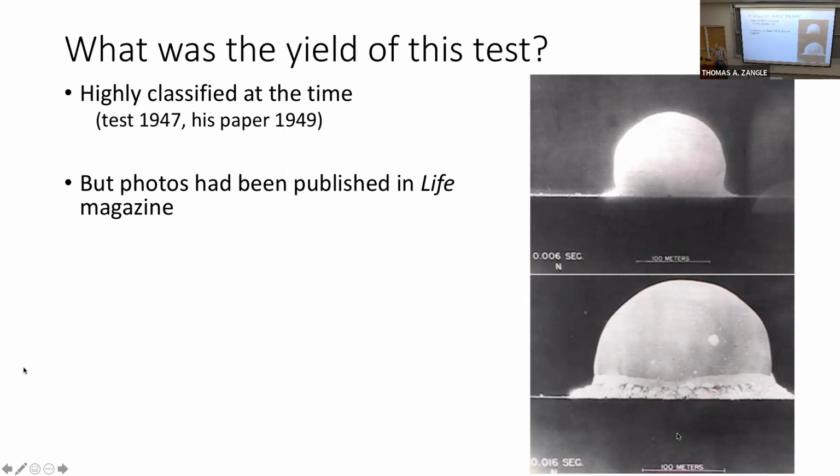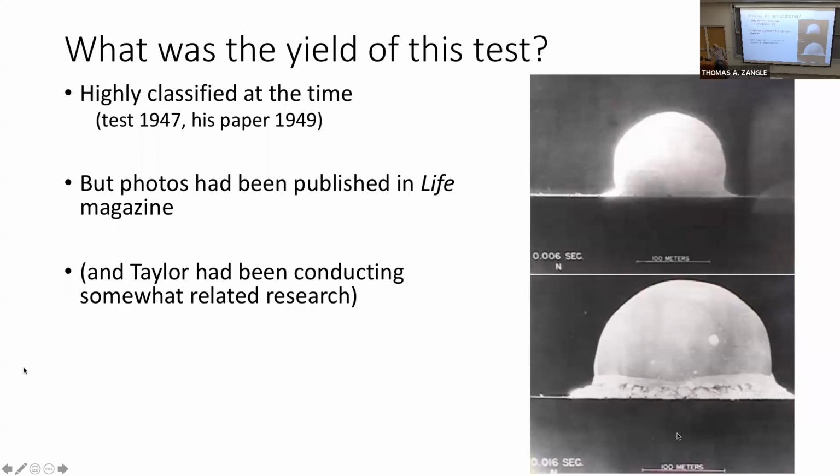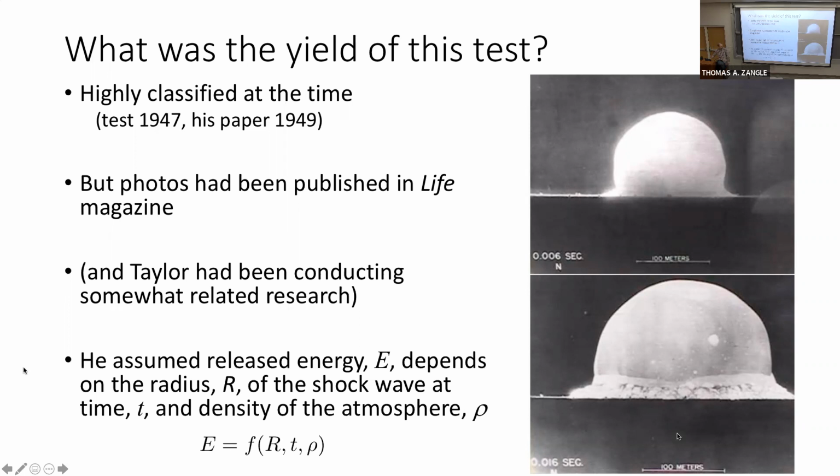Well, I know a thing or two about dimensional analysis, and he had been conducting somewhat related research. So he did a dimensional analysis of this system. He assumed that the energy release E depends on the radius r of the shock wave, and time t, and the density of the atmosphere rho.